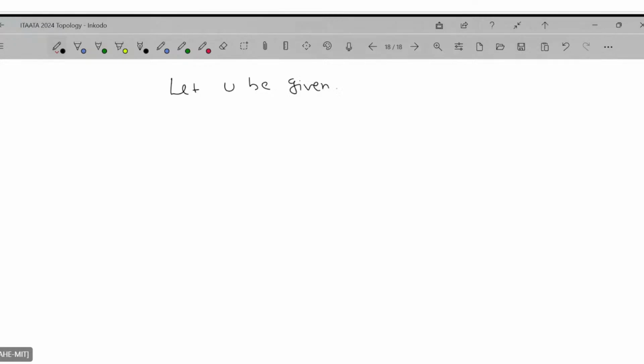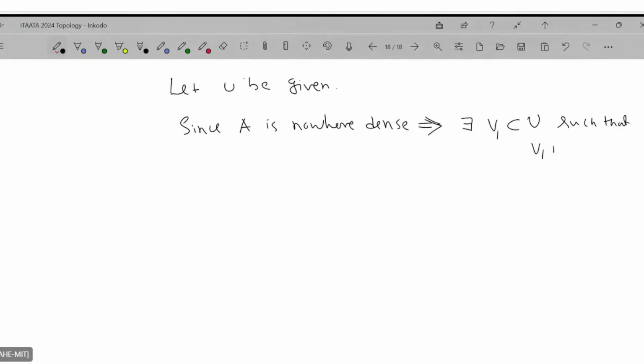So since A is nowhere dense, what will it imply? That there will exist an open set V1, a subset of U, such that V1 intersection A will be empty.